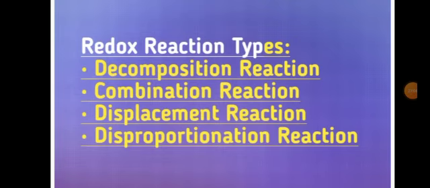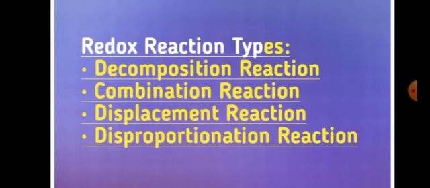So you have 4 types of redox reaction, which are basically your decomposition reaction, combination reaction, displacement reaction and disproportionation reaction. So we have learnt about decomposition, combination and displacement reactions. So I guess you all are clear about it. If you are not clear, please go and watch my previous videos so that you can understand about these reactions.